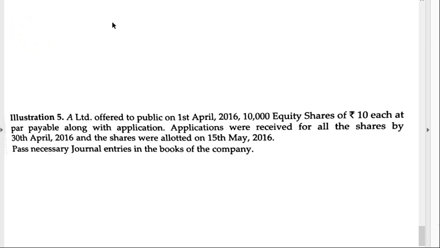Can you pass the journal entries? First journal entry will be on 30th of April 2016. What will be the journal entry? You issued shares, you received applications, and you received application money on 30th of April 2016.